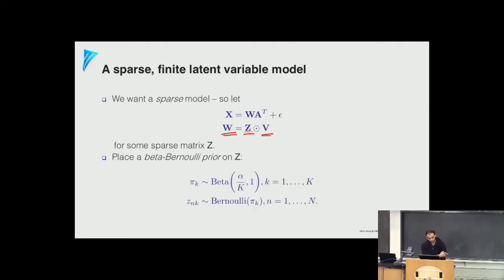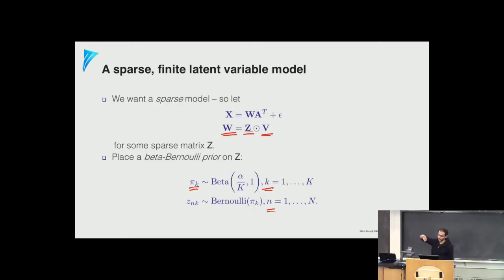And we can assume that the sparse matrix Z, or every element of the sparse matrix Z, is sampled according to the process on the slide. So first we sample these pi k's from some beta distribution. So for now, let's fix k. If k is fixed, pi k is sampled from this beta distribution, and then z_nk, so this happens for every row, and this happens for every column.